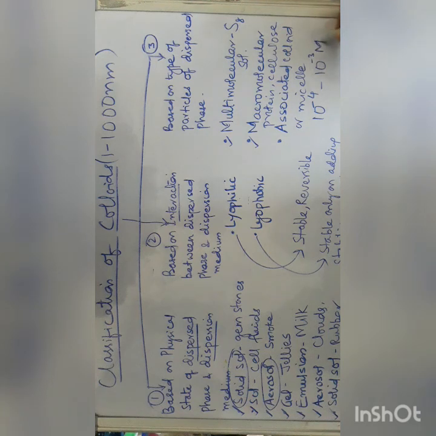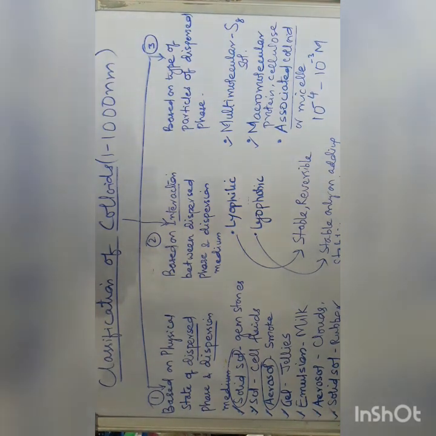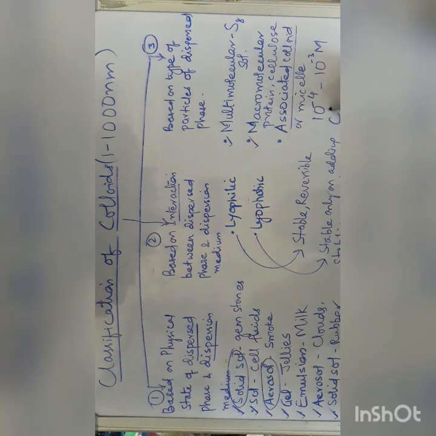So at this concentration of soap solution, it behaves as an associated colloid, and this concentration of the solution when it behaves like an associated colloid is known as critical micelle concentration. It is abbreviated as CMC. It is called critical micelle concentration.